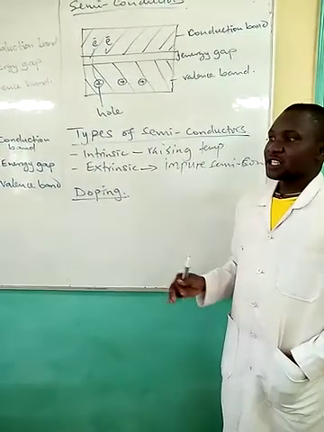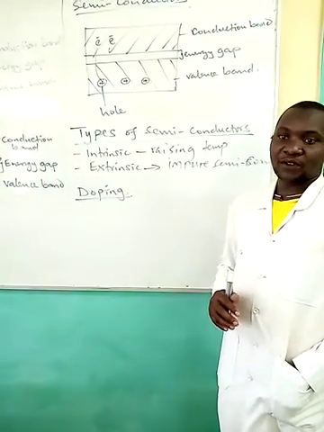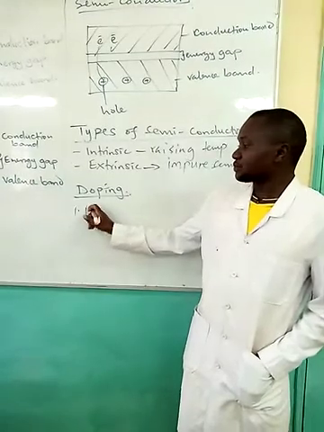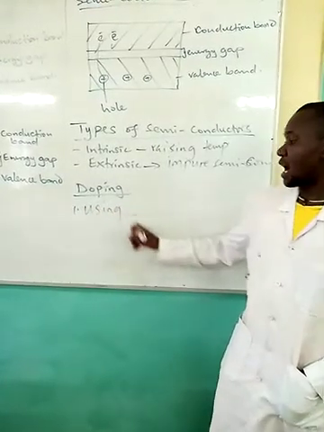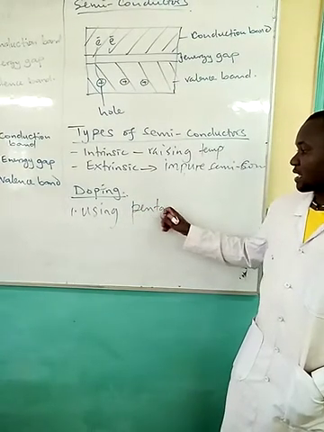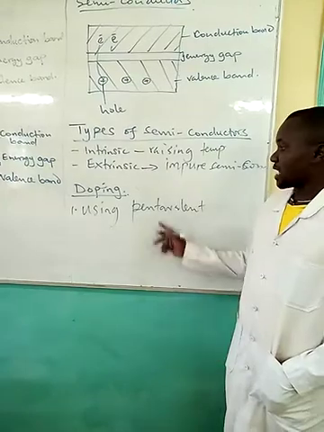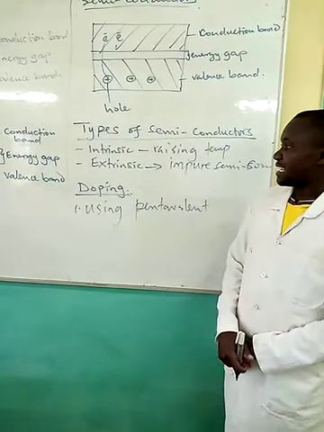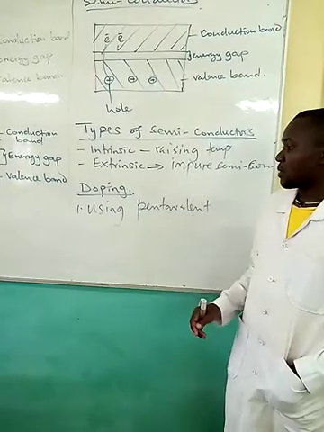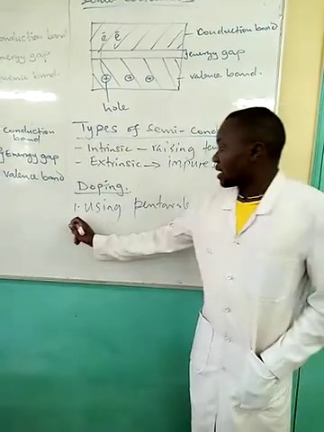Now, we have two kinds of impurities that we use for doping. One of the impurities is a pentavalent atom, that is a group 5 atom. Group 5 atoms, when added to a semiconductor, will end up with what we call an n-type.